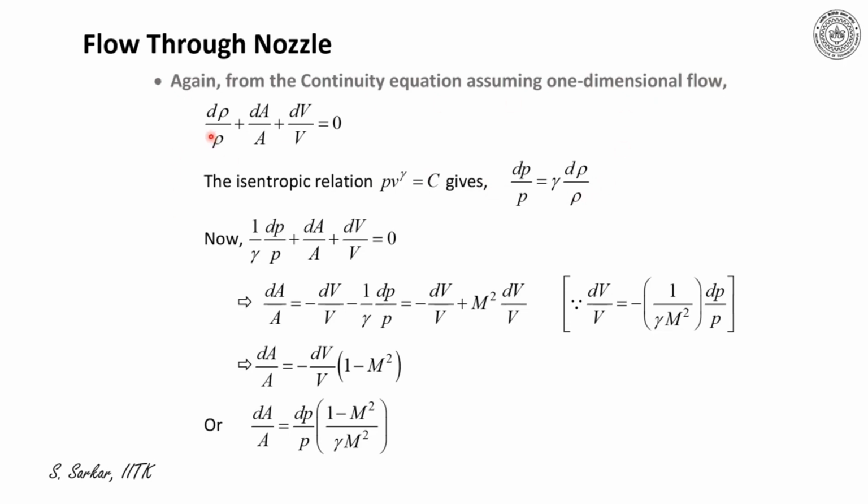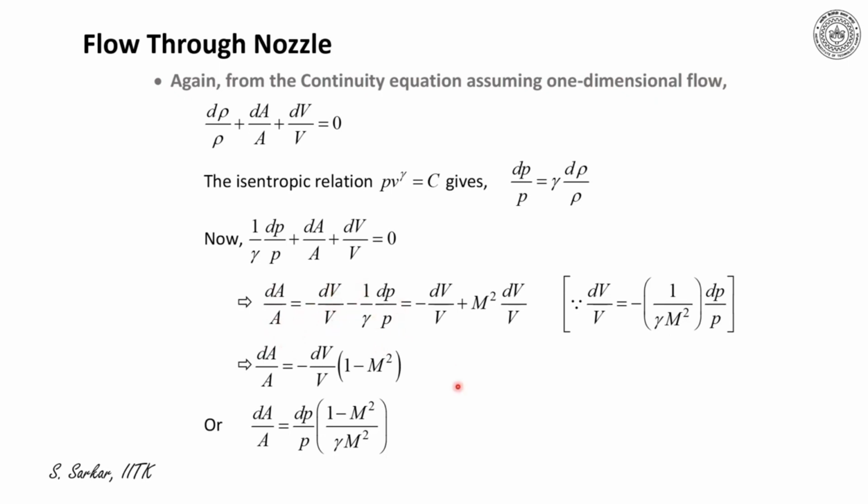Now d rho by rho in the continuity equation can be replaced using the isentropic relation. Thereby the continuity equation becomes 1 by gamma dP by P plus dA by A plus dV by V is equal to 0. Thus, we can write dA by A is equal to minus dV by V minus 1 by gamma dP by P.